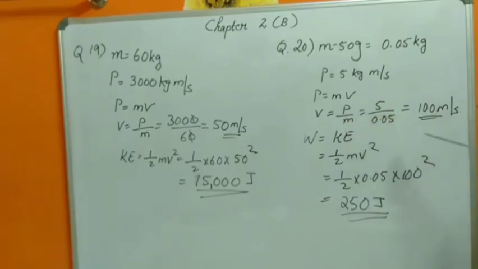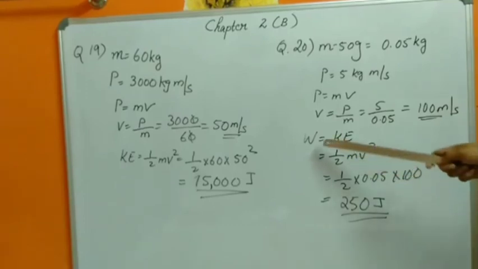In any case, if you are asked to find kinetic energy or potential energy, or if you are asked to find work done, this work done is equal to kinetic energy or work done is equal to potential energy, because work and energy are same. So to confuse you, they may ask to find the work done. But here we don't have any formula to find work done, because work done is force into displacement. We don't have the force, we don't have the displacement.